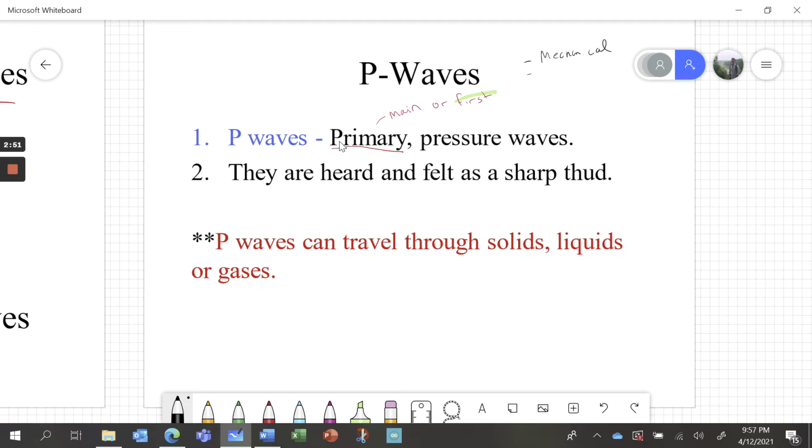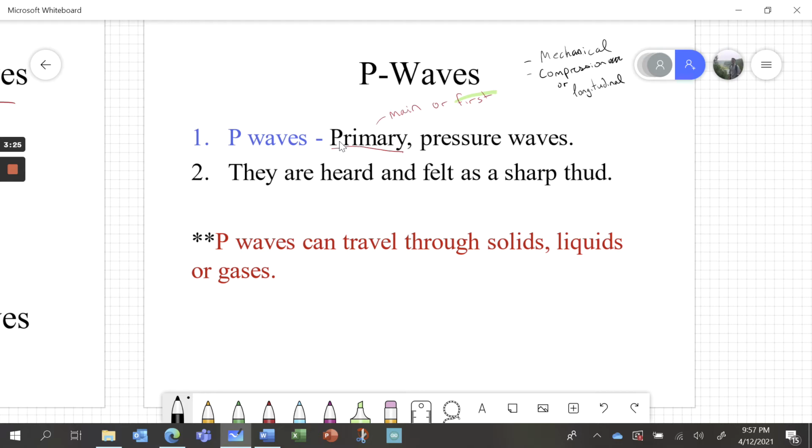And P waves specifically are compression, or longitudinal. Okay, so these are compression waves.